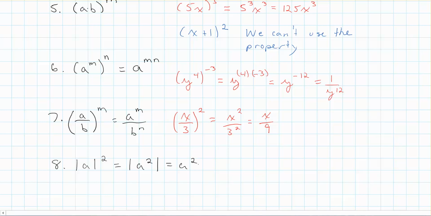The reason is because if you think about what absolute value does, technically the definition is the distance from 0 on the number line. But a lot of times people think of it as just making everything positive. So if you have a number and you make it positive and then you square it, well, if you square a number, that's still going to make it positive. And then you take the absolute value. Yeah, if we square a number, it's going to be positive, so these things are all equivalent. I won't bother doing an example problem of this. It's pretty straightforward.